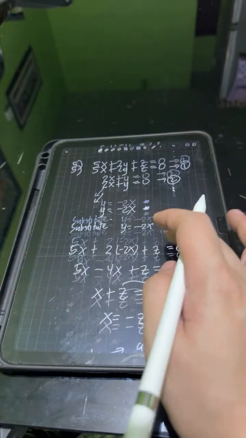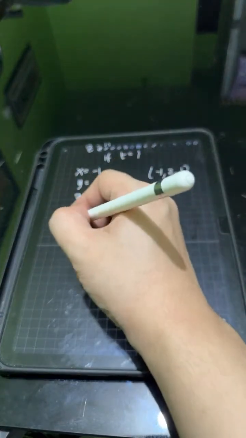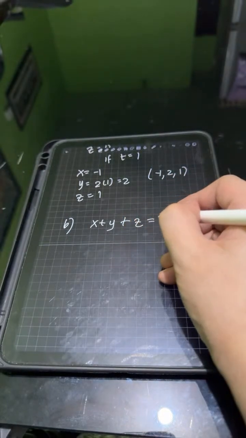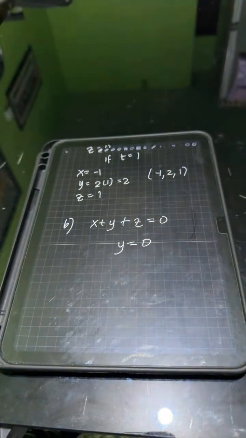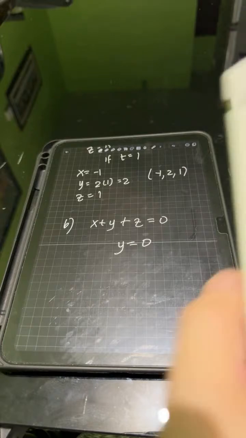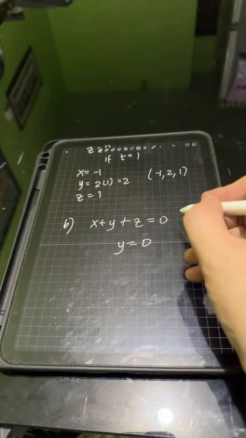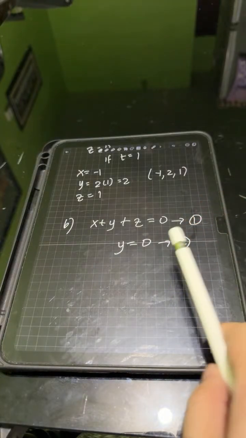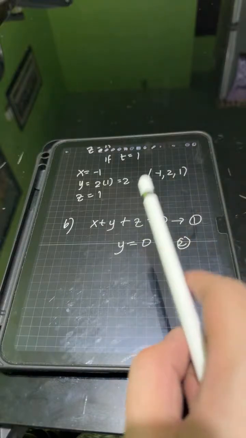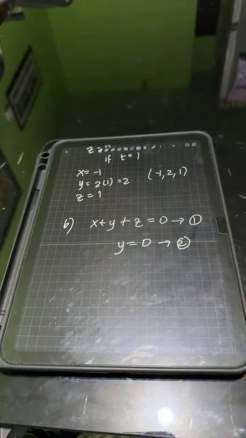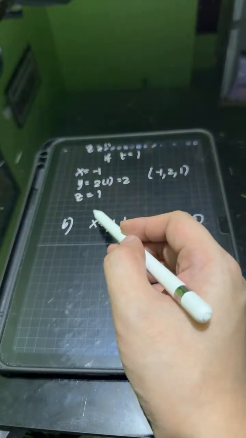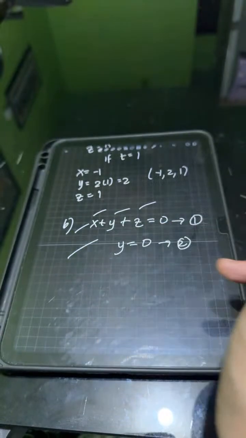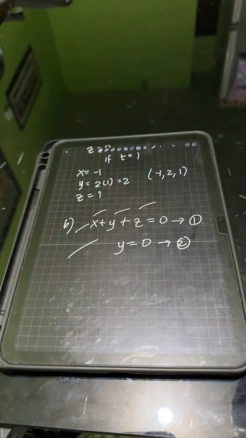Okay, next. Number 6. What if x plus y plus z equals 0, y equals 0? Again, this is a system of linear equations, so let's name this equation 1 and this equation 2. It has a number of equations less than the number of unknowns, because the unknowns are 3, x, y, z, but the equations are just 2.